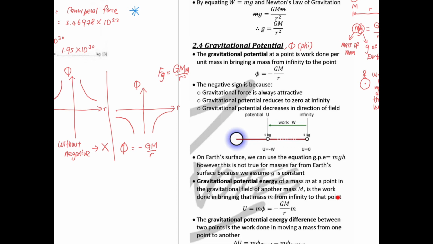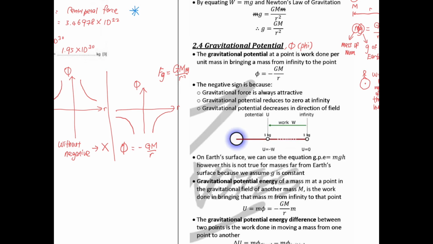So you will feel that gravitational potential energy is work done, and gravitational potential is also work done. Then what is the difference between gravitational potential energy and gravitational potential? We need to know it clearly.